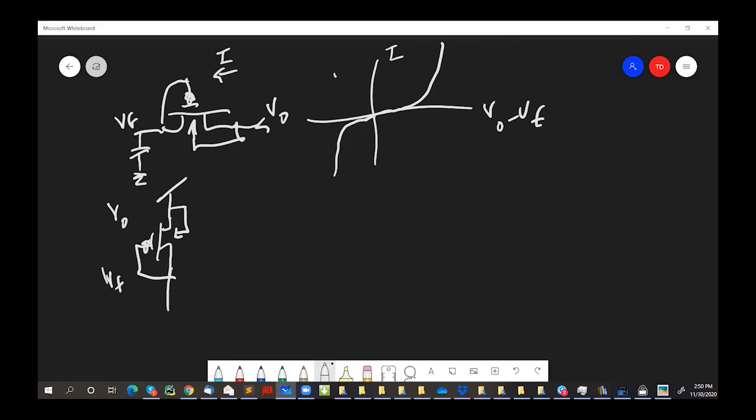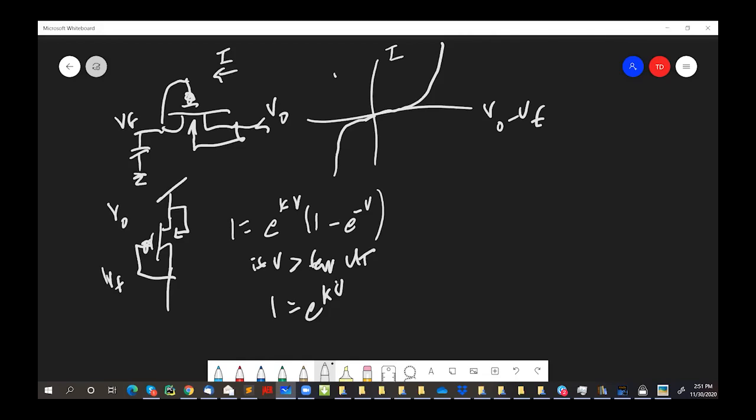That's clear, right? And then you have this exponential IV because then I is equal to e to the kappa V. Let's say that VO is VDD. It's just delta V, e to the kappa V times (1 minus e to the minus V). That's the drain current. And then if V is bigger than a few UT, I equals e to the kappa V. I mean, I'm using dimensionless units, because e to the minus V goes to 0.